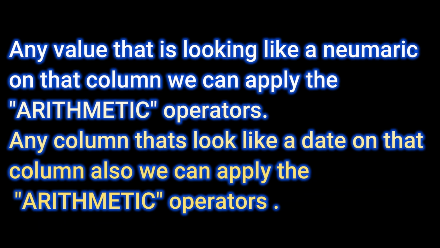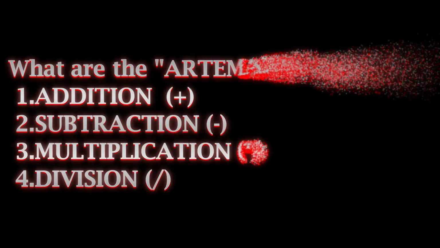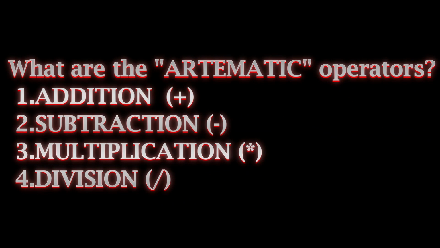Any value that looks like a numeric, on that column we can apply the arithmetic operators. Any column that looks like a date, on that column also we can apply the arithmetic operators. What are the arithmetic operators? Addition, subtraction, multiplication, division.